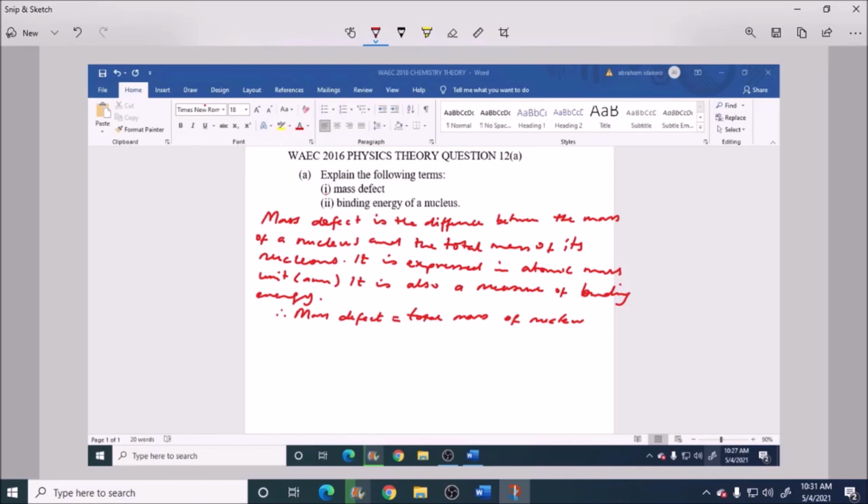It is measured in electron volt or joules. Joules, that's capital J.